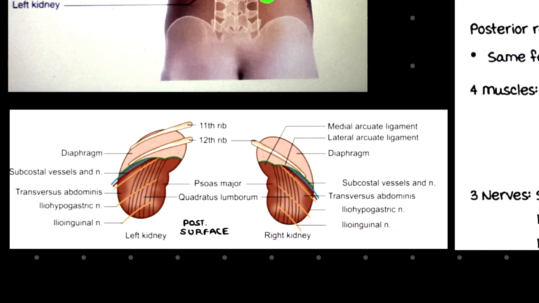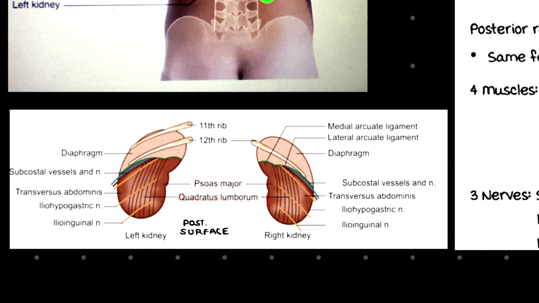Now talking about the three muscles that we need to know, the most medial one is our psoas major, and the kidney lies posteriorly on the surface of this psoas major muscle. Talking about another muscle, that is our quadratus lumborum.